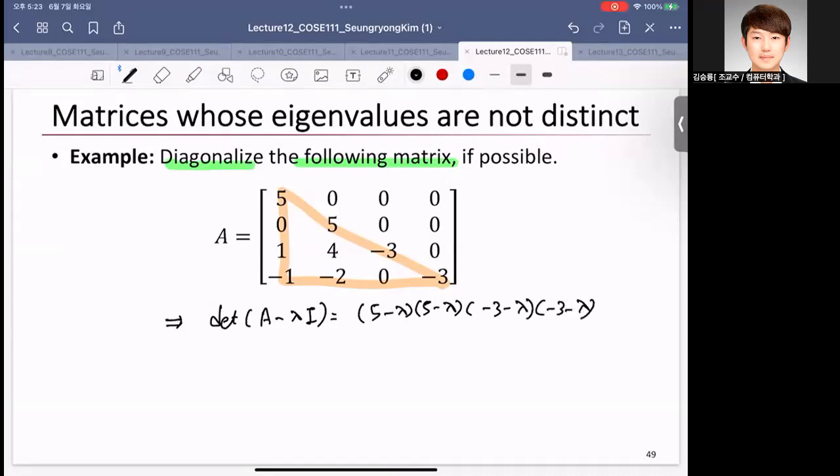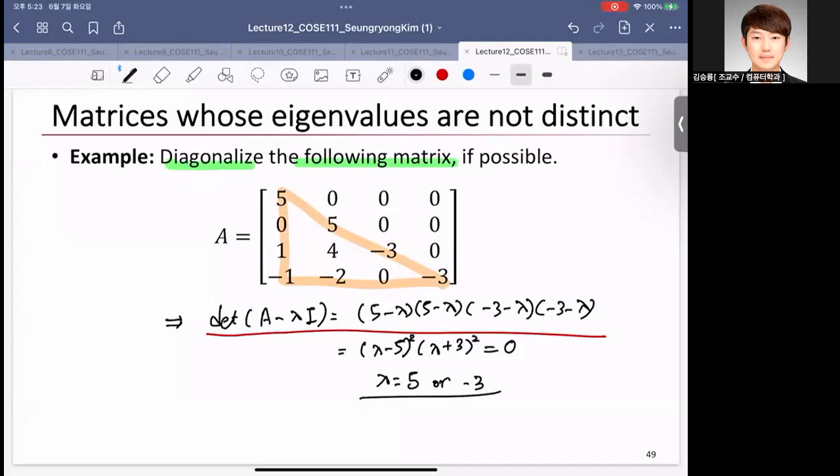In this semester we did not discuss how to compute this one, but we will just use the determinant computation way to find this characteristic polynomial. In this case, it's going to be (lambda minus 5) squared times (lambda plus 3) squared equal to 0. So our eigenvalues are going to be 5 and negative 3.